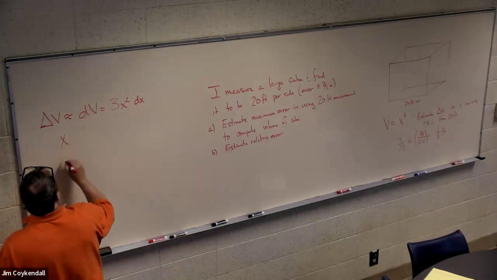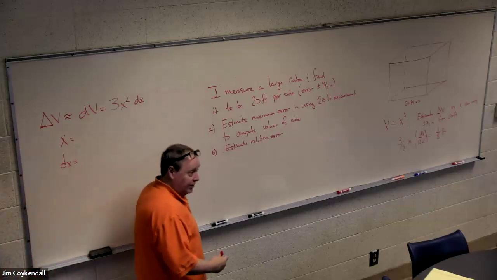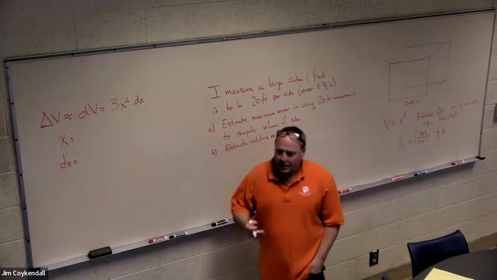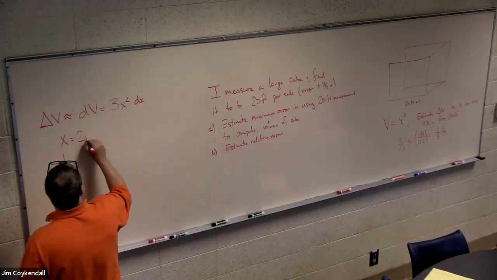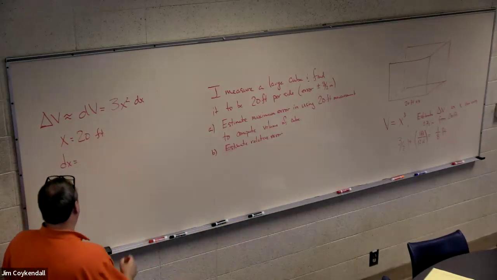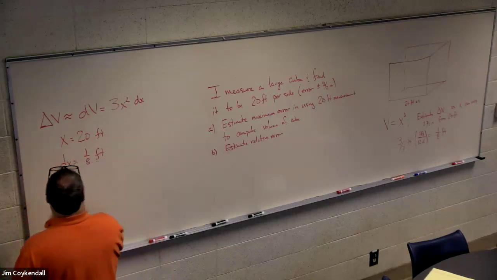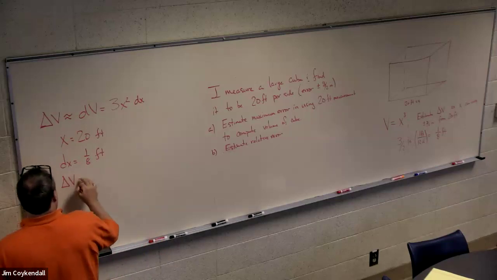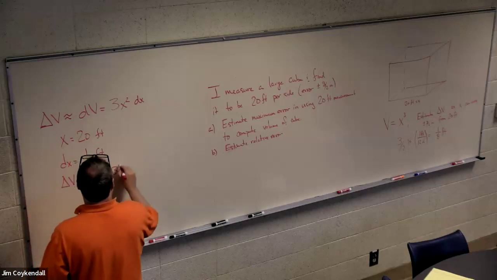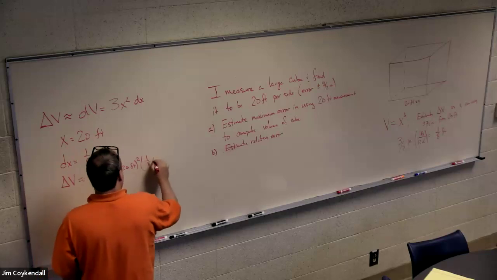So to make this work, I'm going to need numbers for both x and dx. What number should I be using for my x? 20 feet. And how about dx? 1/8 of a foot. Very good. So delta V, my approximate measurement of this, is 3 times 20 feet squared times 1/8 foot.